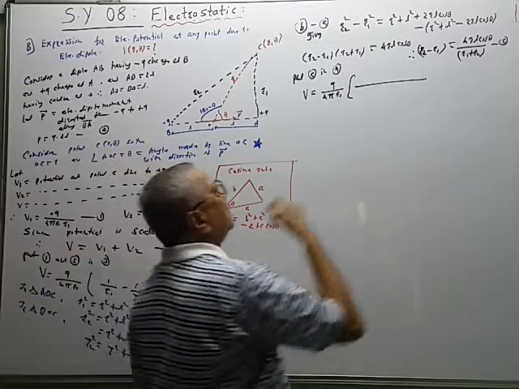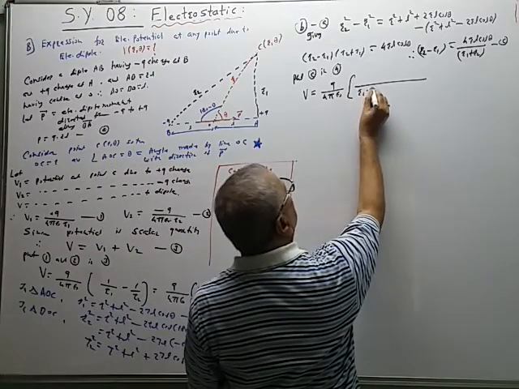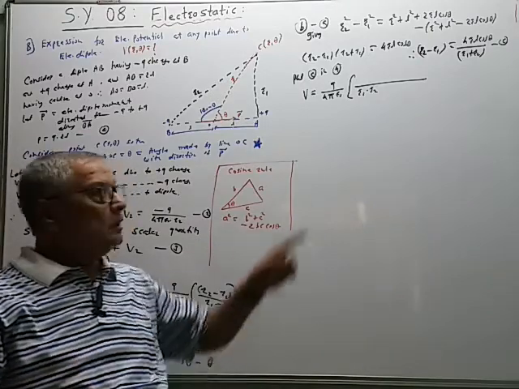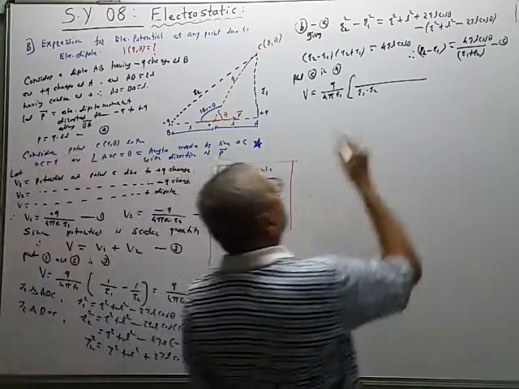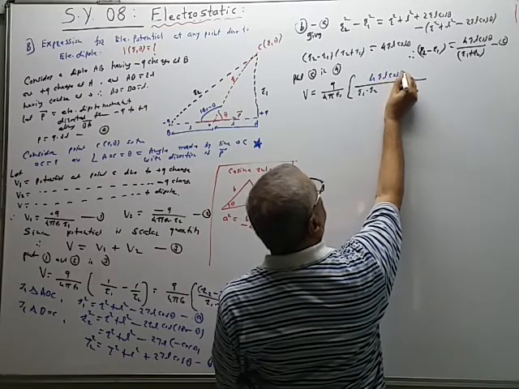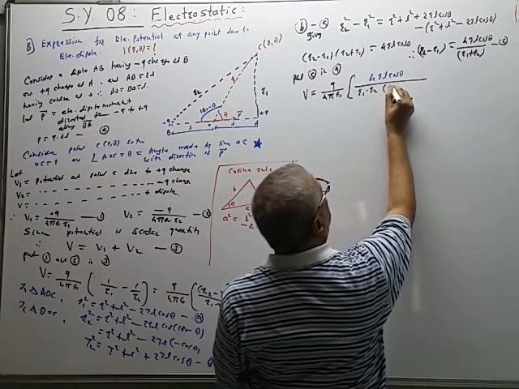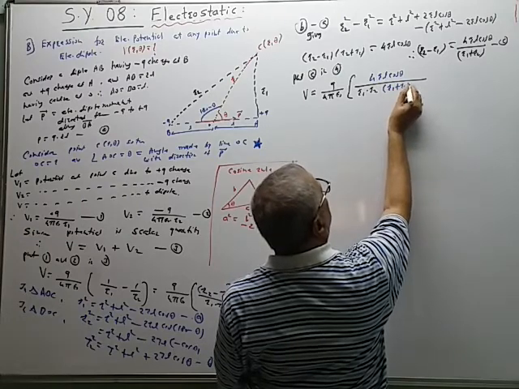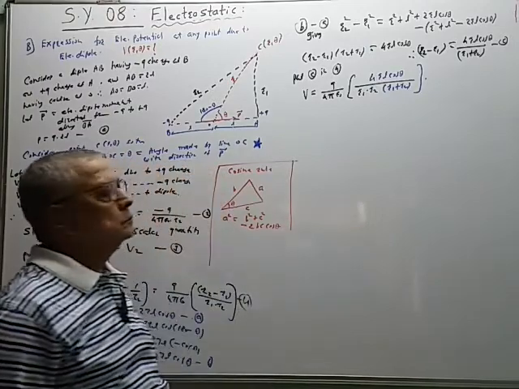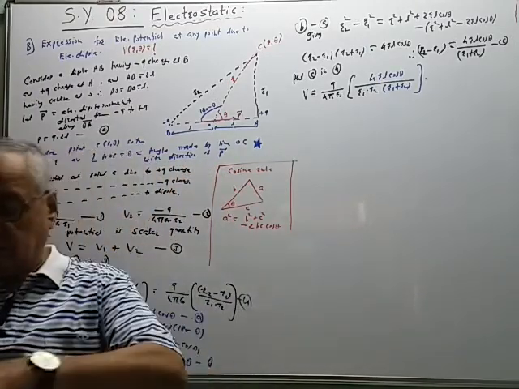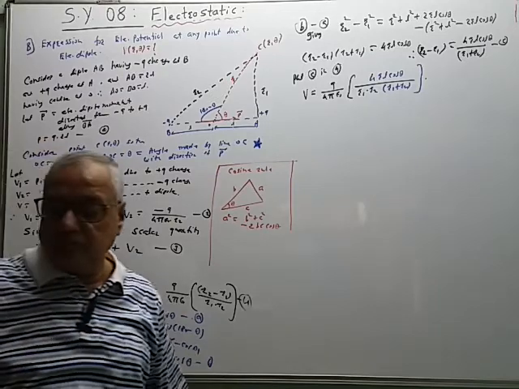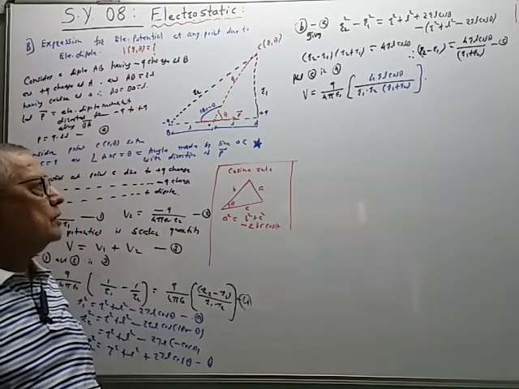In the denominator, R1 into R2 stays as it is, and R2 minus R1 is replaced by 4 RL cos of theta upon R1 plus R2. So we have derived up to this relation. V is equal to this much.